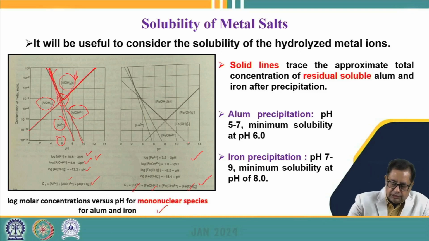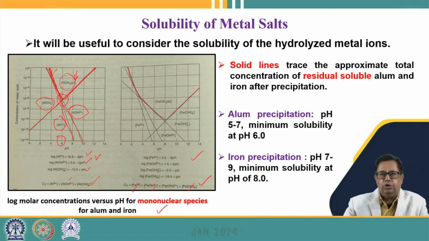Again here the solid line represents the solubility of the iron salts in the wastewater solution, and the area above the solid line represents the precipitation of the ferric hydroxide.